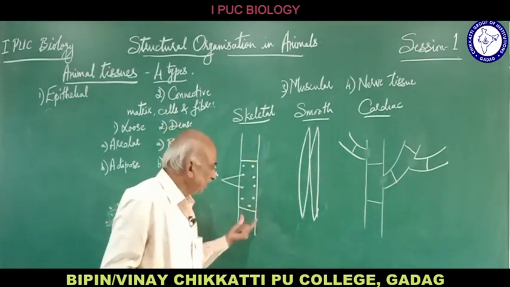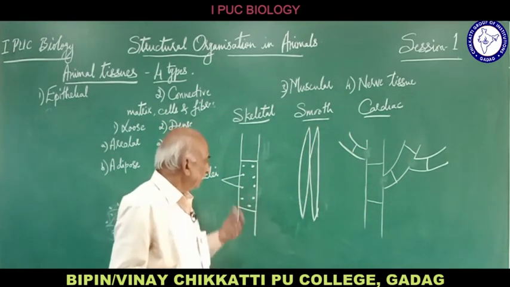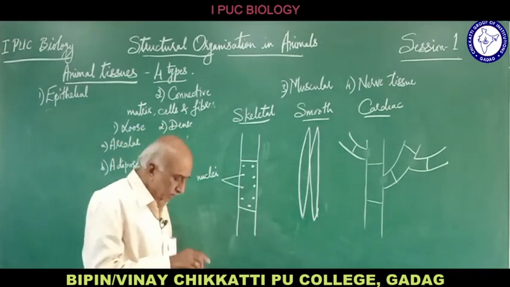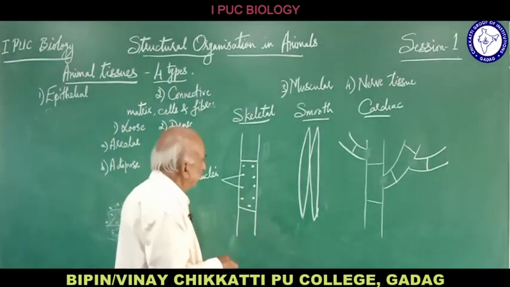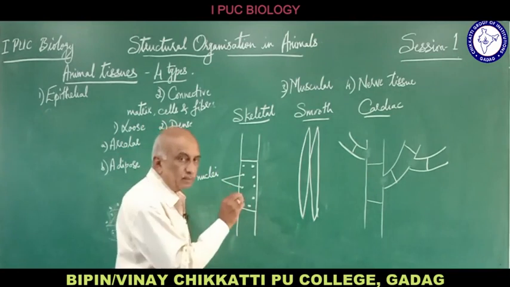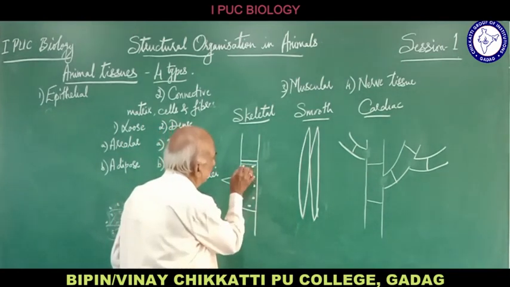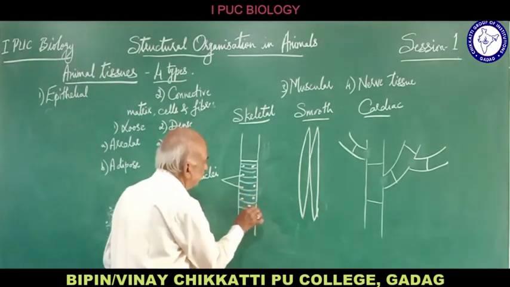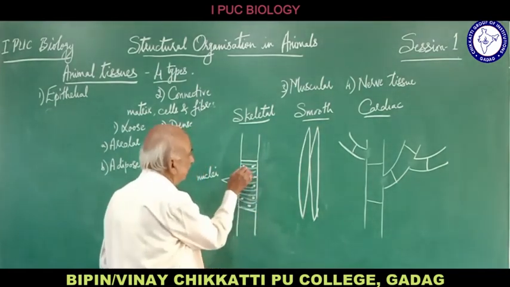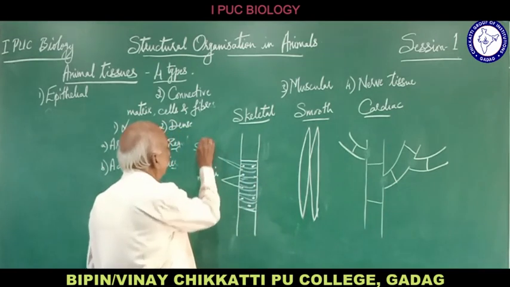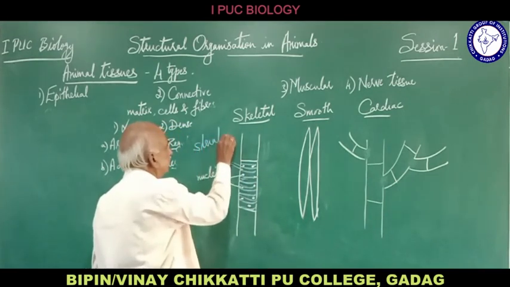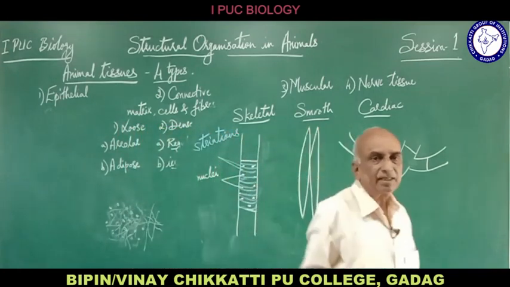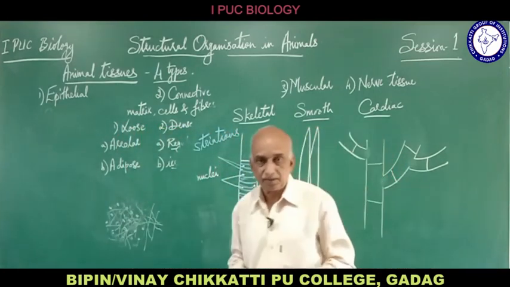They are cylindrical in shape. And inside this cell, another important thing is there are certain band-like structures like this, which are called striations. Striations means belt-like structures, strip-like structures.